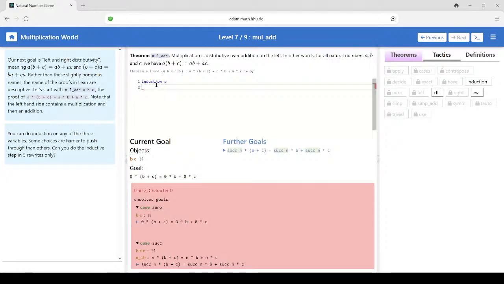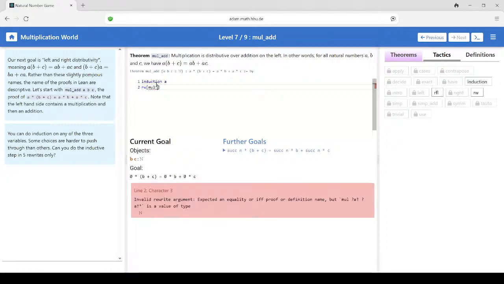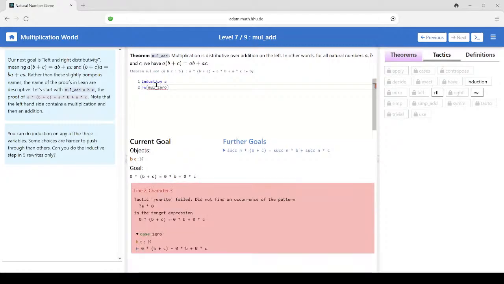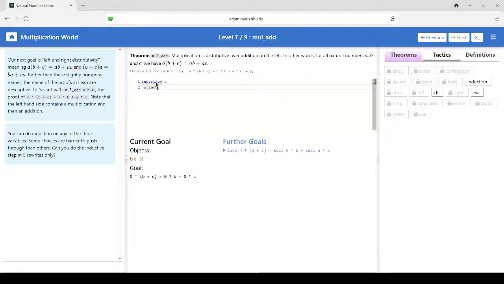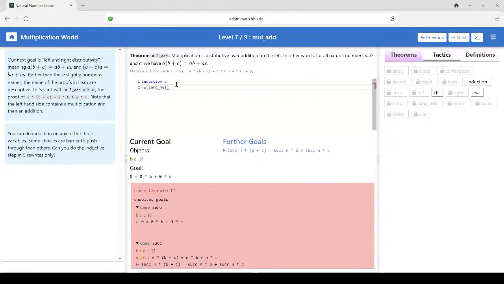So 0 times anything. Nope. 0 multiply. There we go. Oh, but we want to do that again.